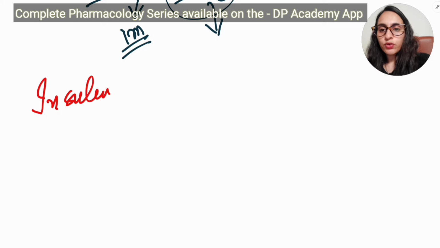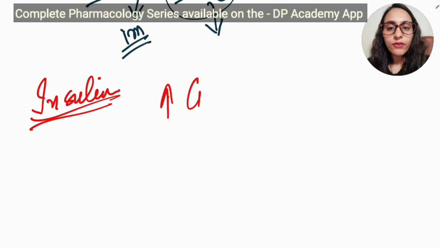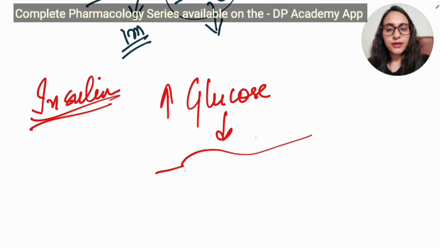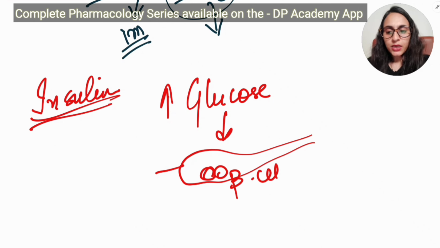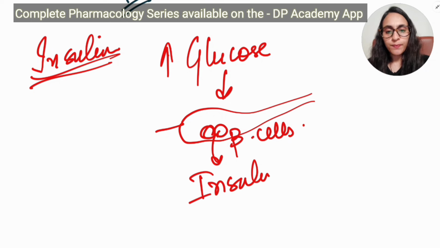How can we treat diabetes? By giving insulin to the patient. So first of all, understand the mechanism of action of insulin. Whenever there is a high glucose level in the blood, that is detected by the pancreas. In the pancreas, we have beta cells. These beta cells release a hormone known as insulin.